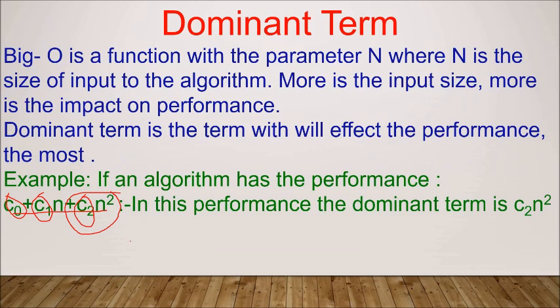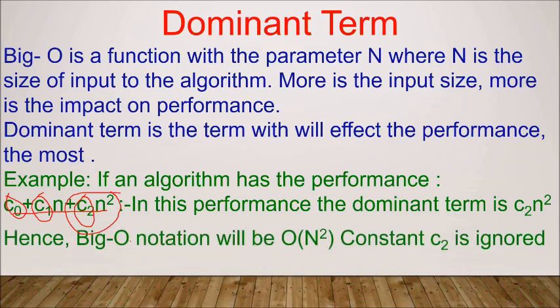That is why the dominant term is C2n square. So the notation will be written in the form O(n square). You can write small n or capital N also. We will ignore the constant and write the term according to the input.